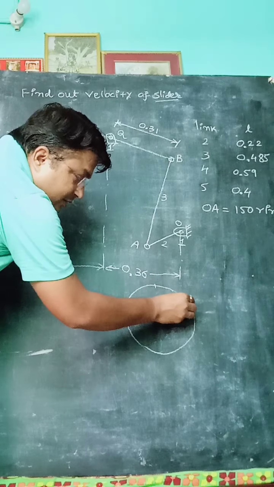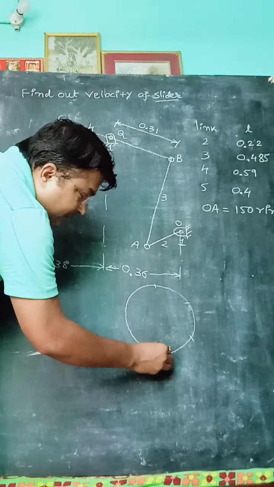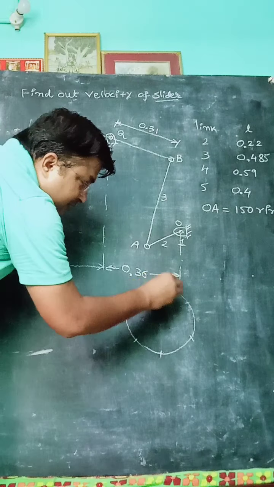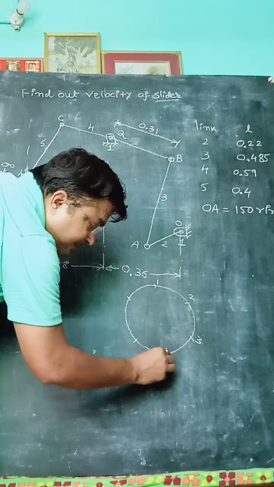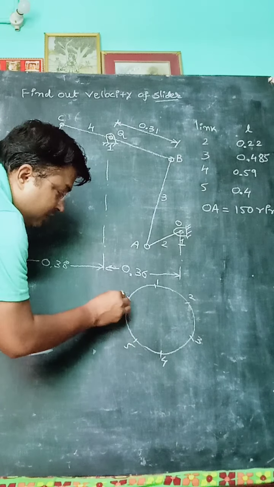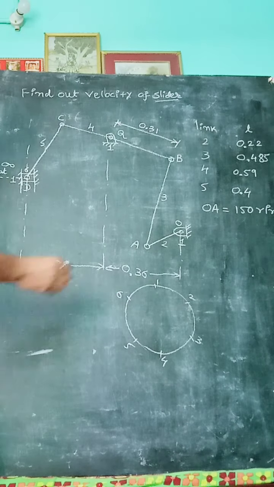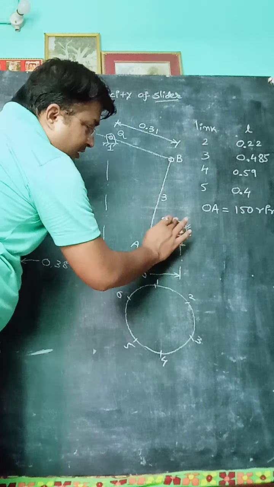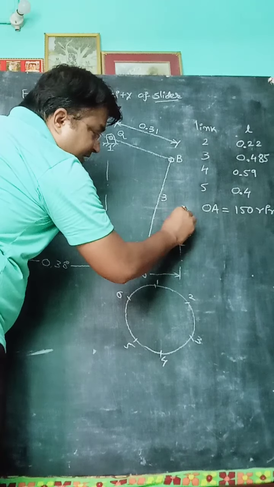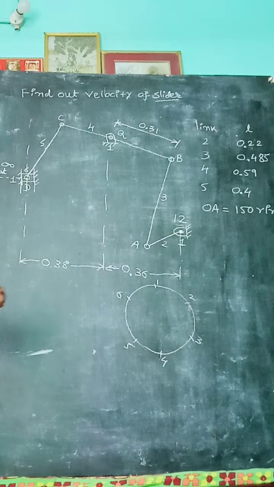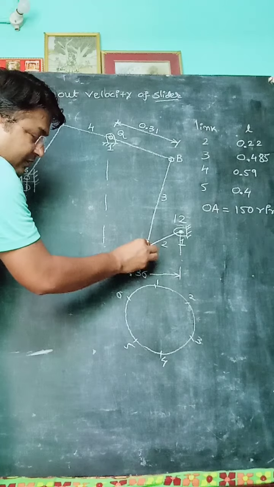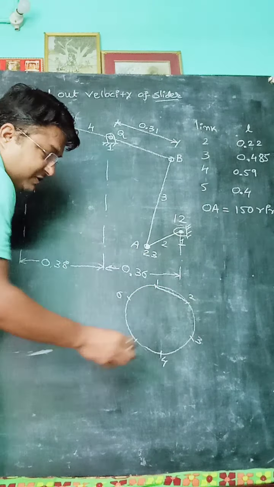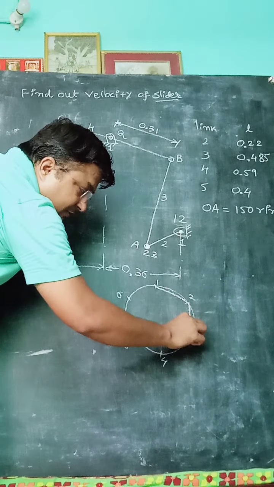So 1, 2, 3, 4, 5, 6. Now 1, 2, yes, fixed one. So instantaneous center 1 2. This is 2 3, permanent instantaneous center. 1 2 fixed one, 2 3 permanent one.